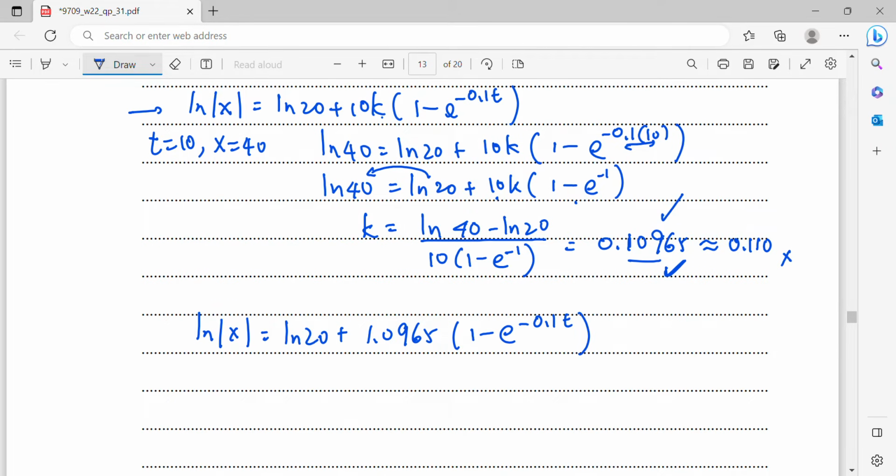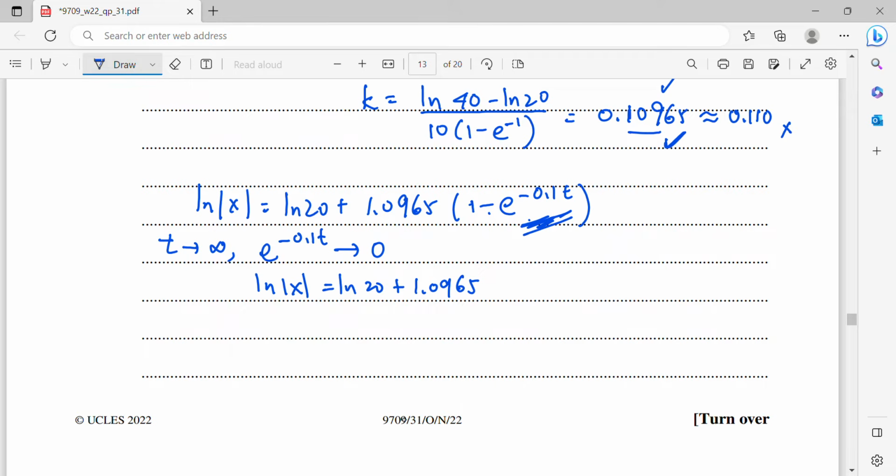All right, so now when t tends to infinity, I'm getting e power negative 0.1t. So e negative 0.1t will tend to 0. Okay, so now my ln x equals ln 20 plus 1.0965 times 1 minus 0, because here is 0. So now what to do is I will say approximate.